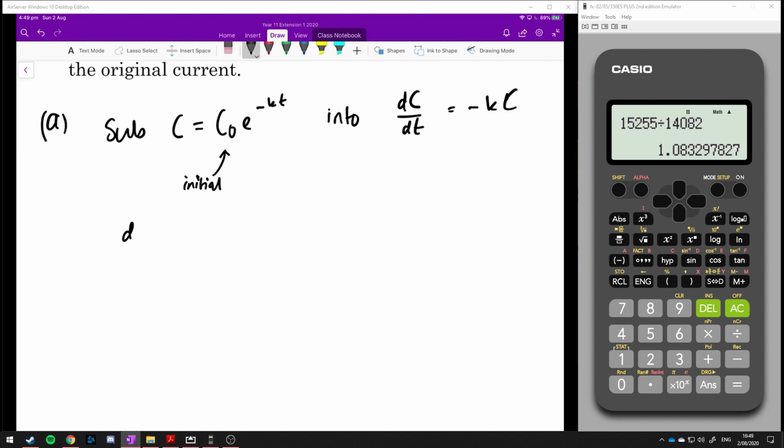So what I can do is rewrite this as d/dt of C is equal to minus k lots of C. Now remember our C is C0 e to the minus kt.